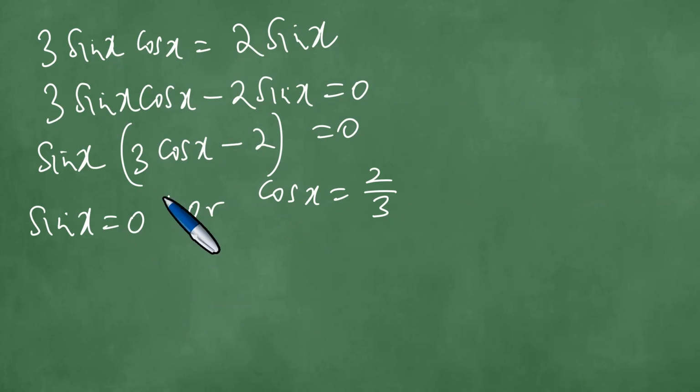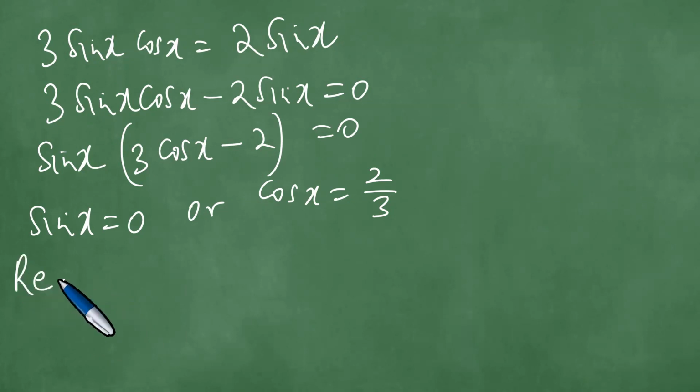Means sine x equals 0 or cosine x equals 2 out of 3. So what is the next thing that we can do here, Tando? We need to solve. How do we solve this?